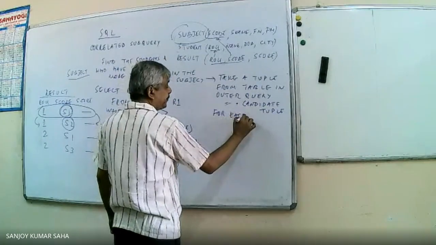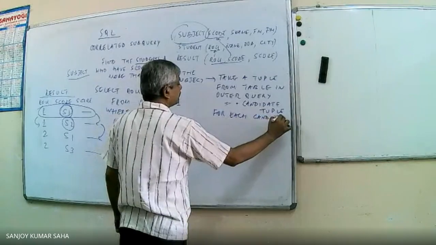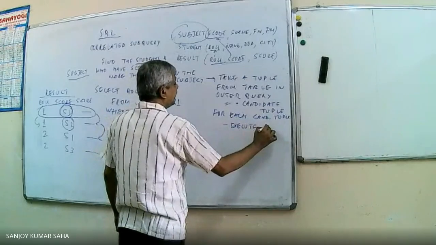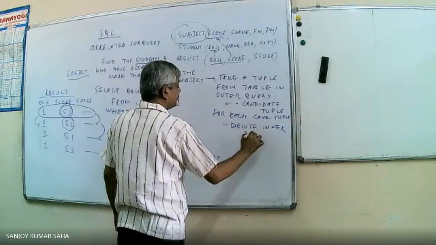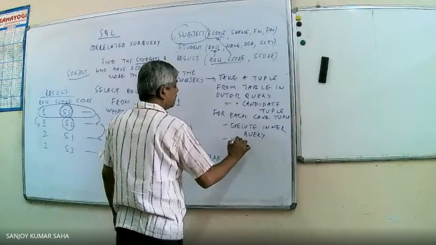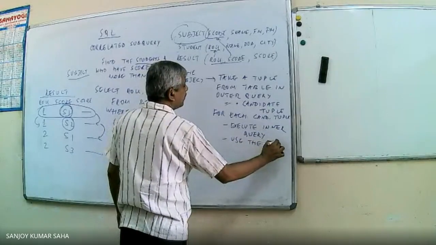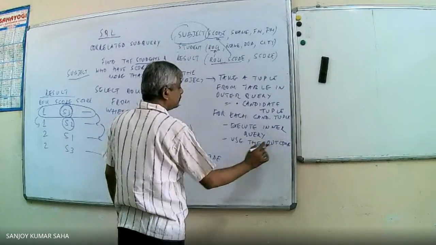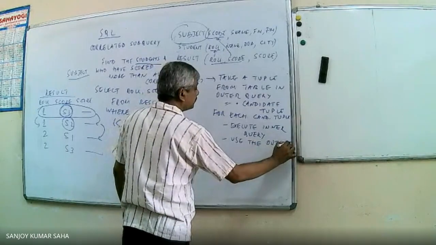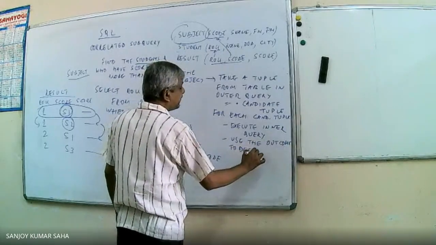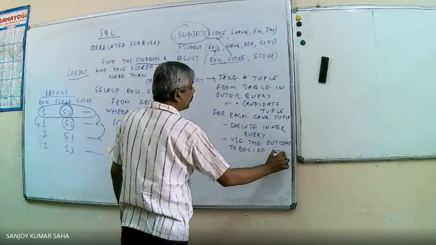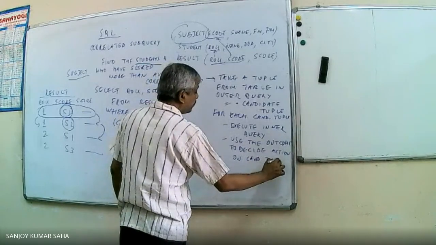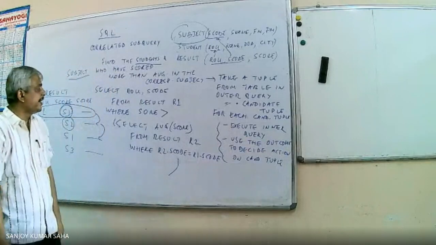For each candidate table, execute the inner query, use the outcome to decide action on the candidate table. So basically for each candidate table, we have to carry out this thing.